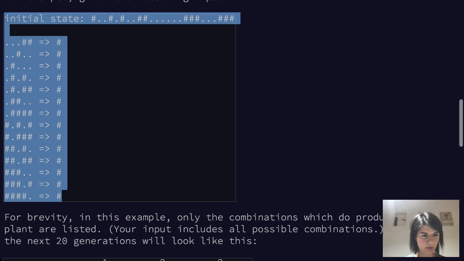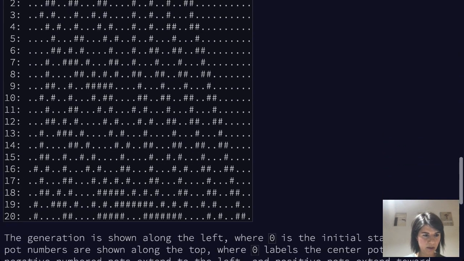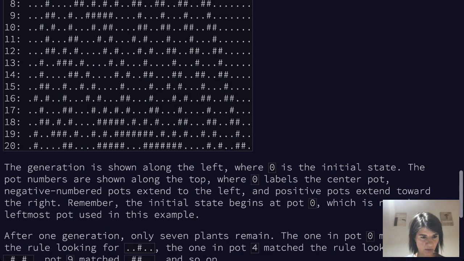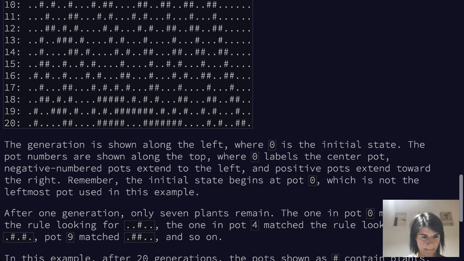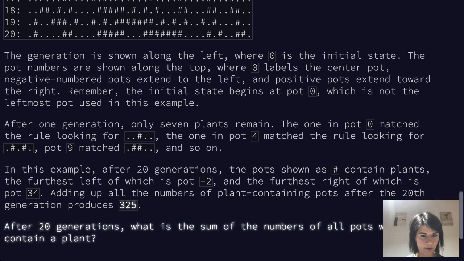So we do the next 20 generations, which also means the first generation is 0. The 1 input 0 match the, okay.